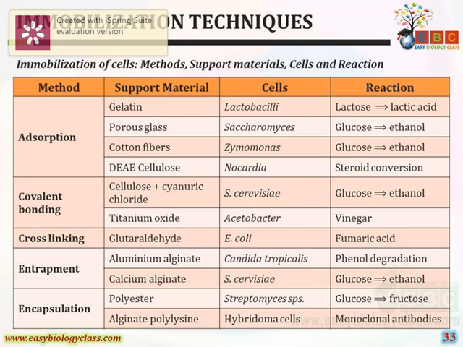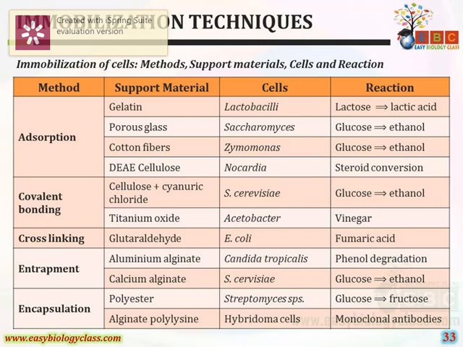Okay, this is the comparative summary of the five methods of enzyme immobilization. In this table, the first column is the method, the second column is the support substances, then which type of cells can do this, and then the reactions, that is, which type of reaction can be carried out by this support system or enzyme linking.